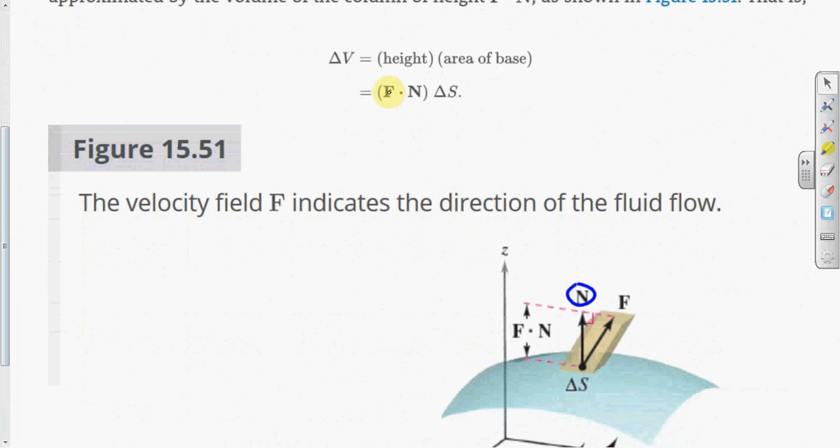The dot product of the force of the fluid times the normal vector gives us the height of this column. And then delta S, or dS, capital DS, gives us the change in the base or the surface area. Okay. So here, the so-called velocity field F indicates the direction of the fluid flow.